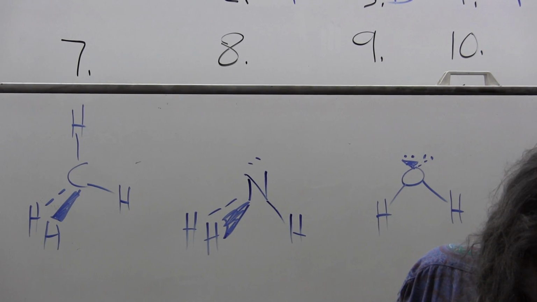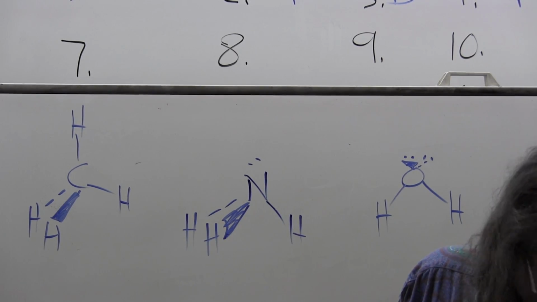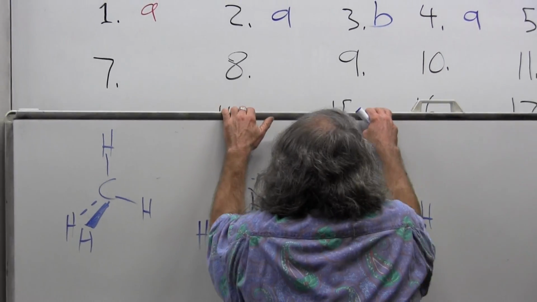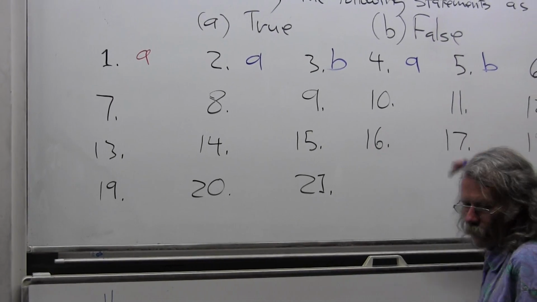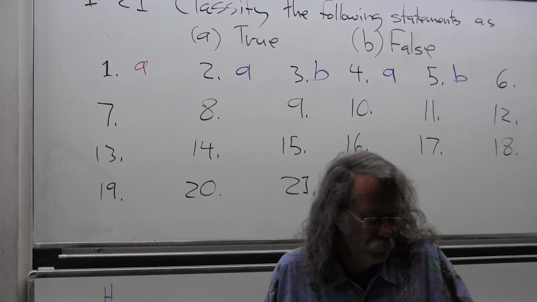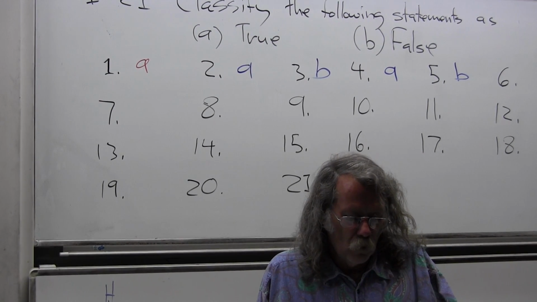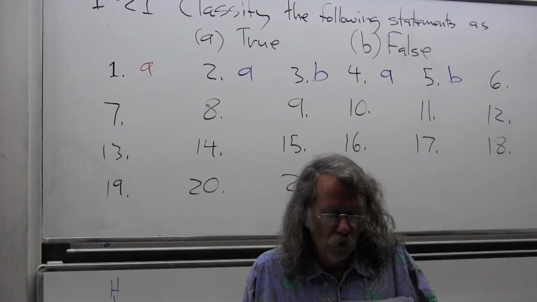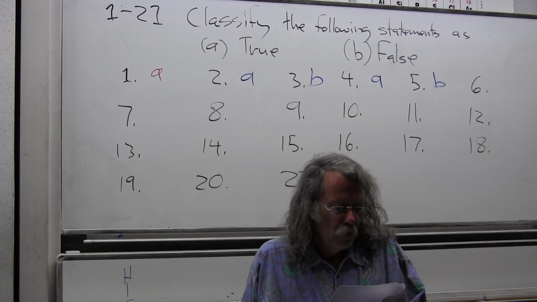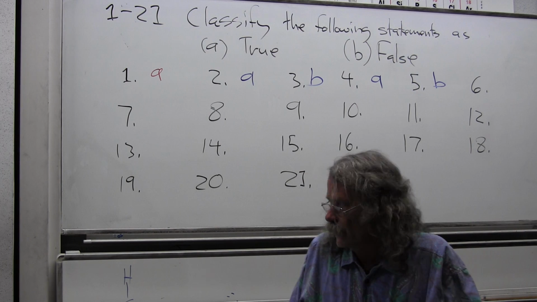So which problem was this? Number 5 is definitely false. Now, number 6. A molecule with 4 electron pairs and 1 lone pair on the central atom will have a trigonal pyramidal molecular geometry.